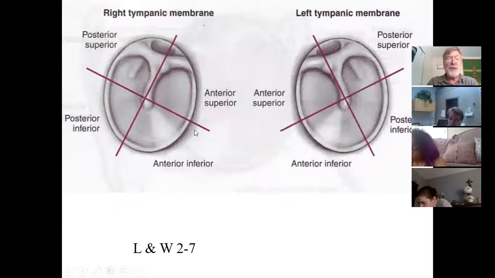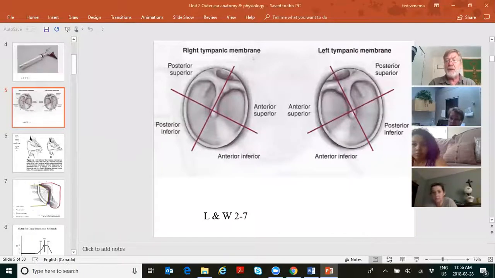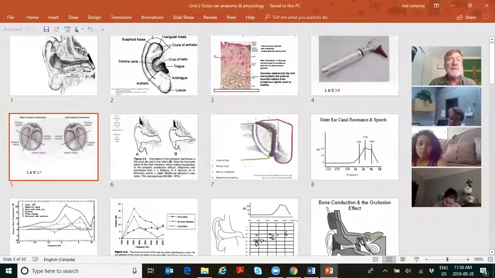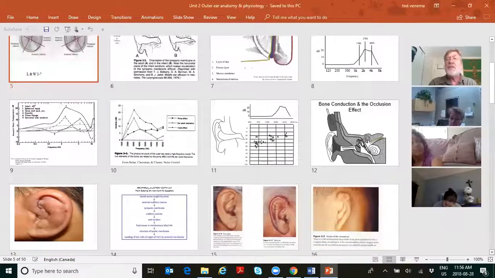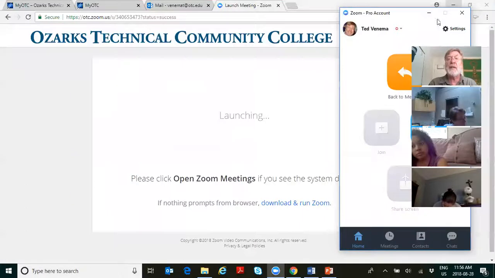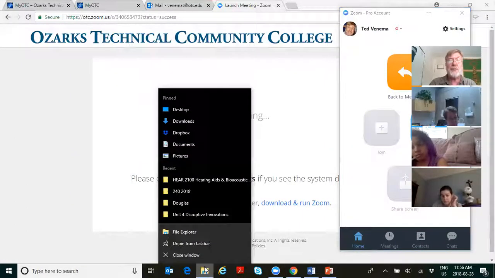And I'm wondering if I can show you better here. I'm going to just see if I can show you so you can see it a little bit better. I don't think so. So you know what I'm going to do? I'm going to pull up your middle ear slide so I can show this to you so you can see it better. Hang on, stick with me.